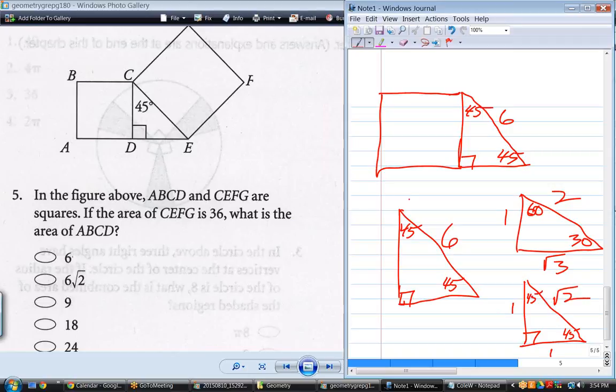So, if we're trying to solve for that side, what's the similarity ratio? Times 3. Remember, we're not comparing it with the 30-60. We're comparing it with the 45-45.